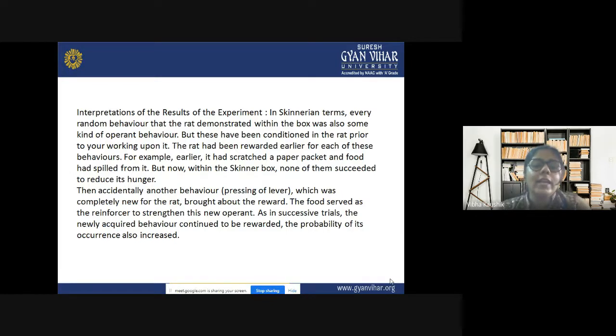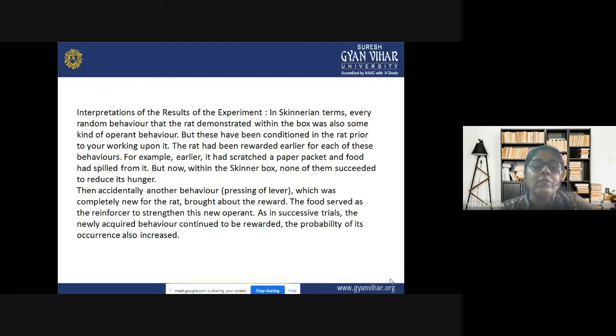Then, accidentally, another behavior: pressing of the lever. By chance, he pressed the lever, which was completely new for the rat. This new behavior brought about the reward to the rat, and that reward was the food.